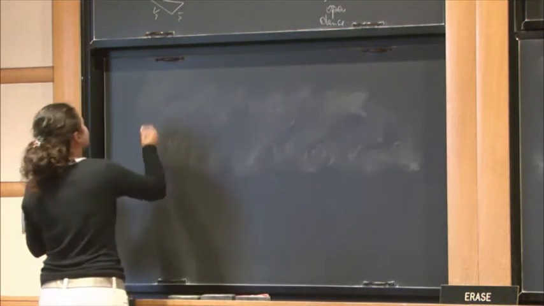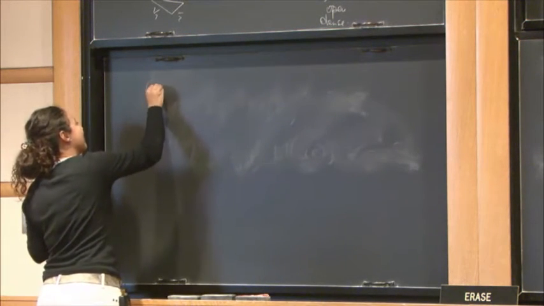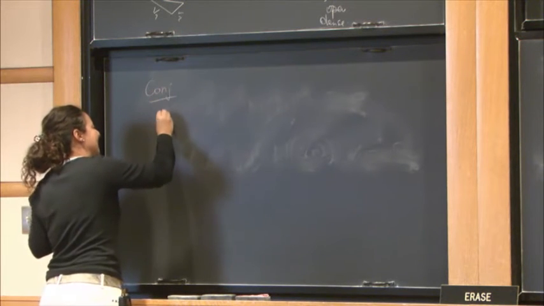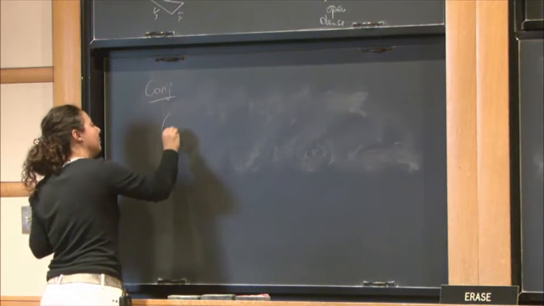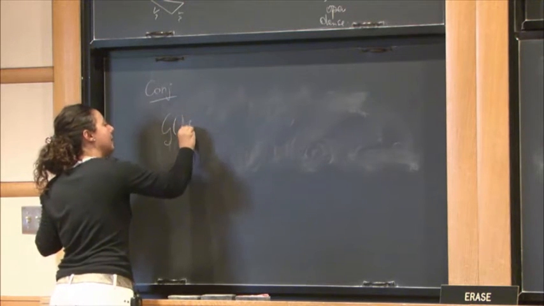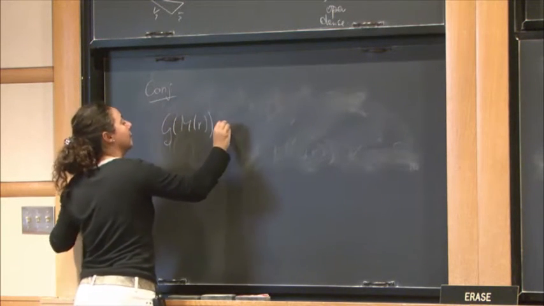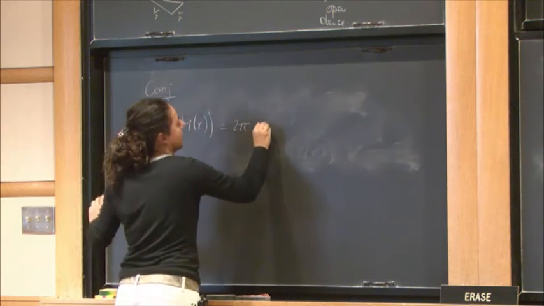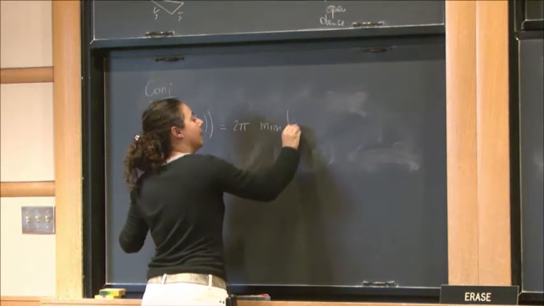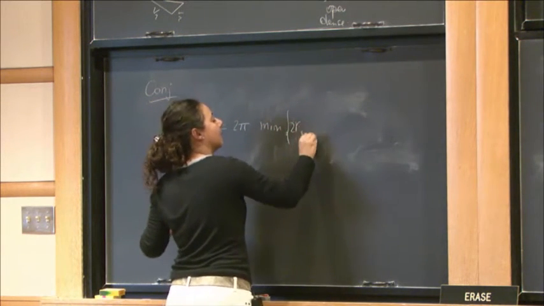I don't know if really to call it conjecture or expectation, but we think that if R is generic, then the Gromov width of M_R is going to be exactly 2π times the minimum of the R_i, twice R_i, and that sum.